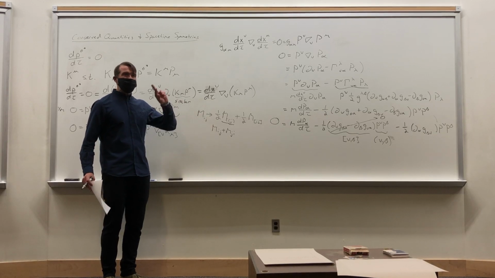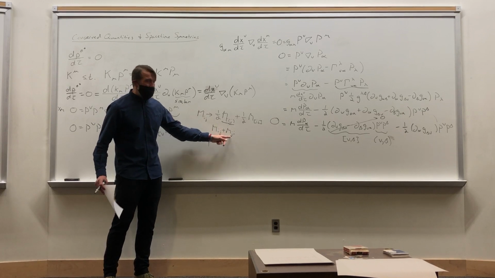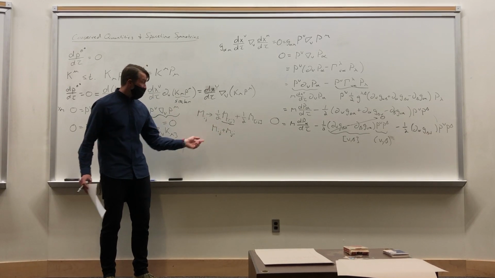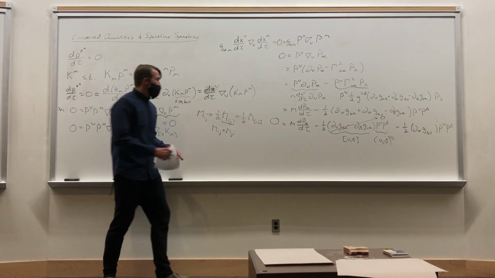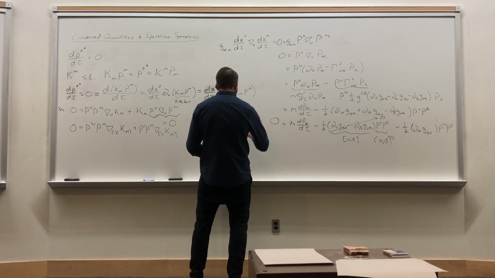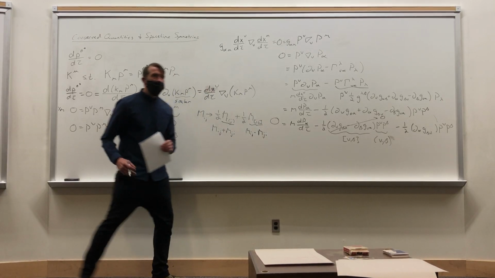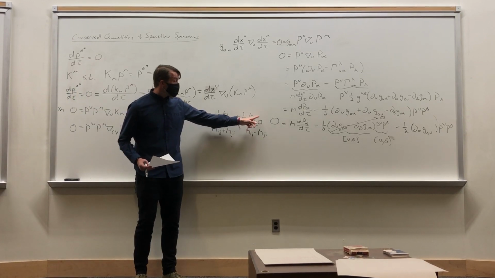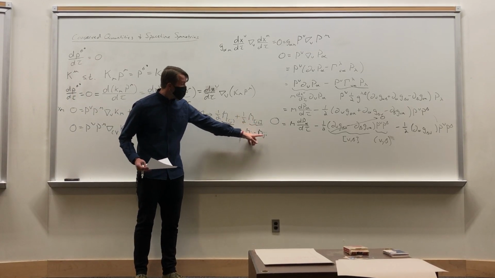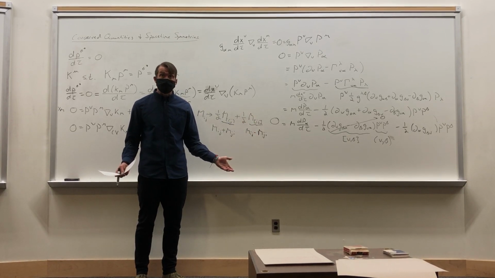Even though the matrix itself might change if you interchange i and j, this combination obviously doesn't change, because i goes to j, changes this into this, and this into this, and it's the same. This guy is M_ij minus M_ji. Okay? Because this guy's the anti-symmetric combination. So if I take this and I swap ij, this becomes this with an overall minus sign.